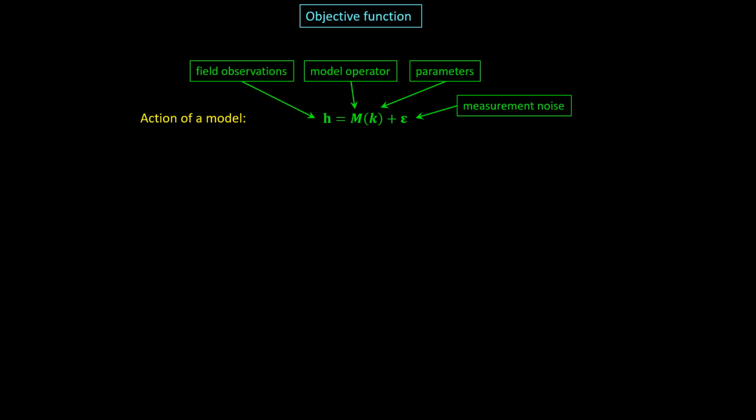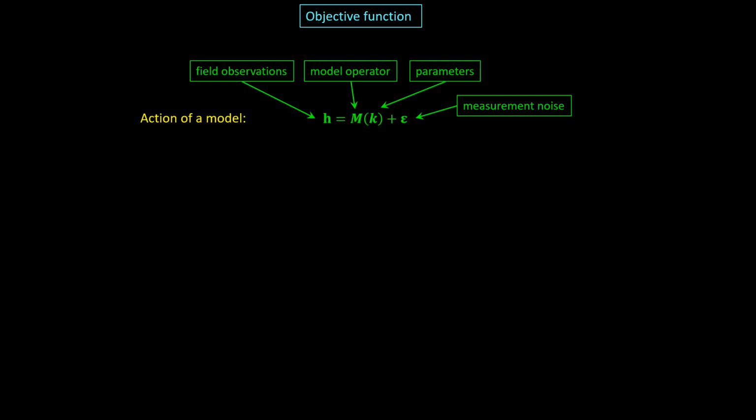Now, that assumes that the model's pretty good. In fact, most models are imperfect, and model to measurement misfit is not just a product of measurement noise. It's also an outcome of model imperfections, but normally we just lump that in with measurement noise just to be able to treat it with mathematical ease.